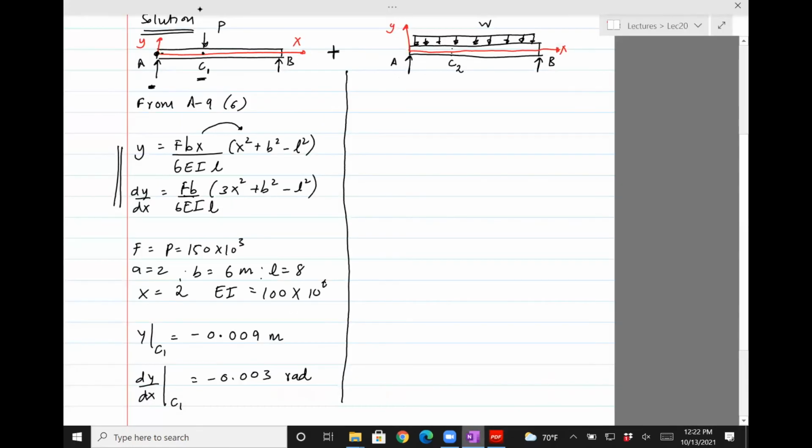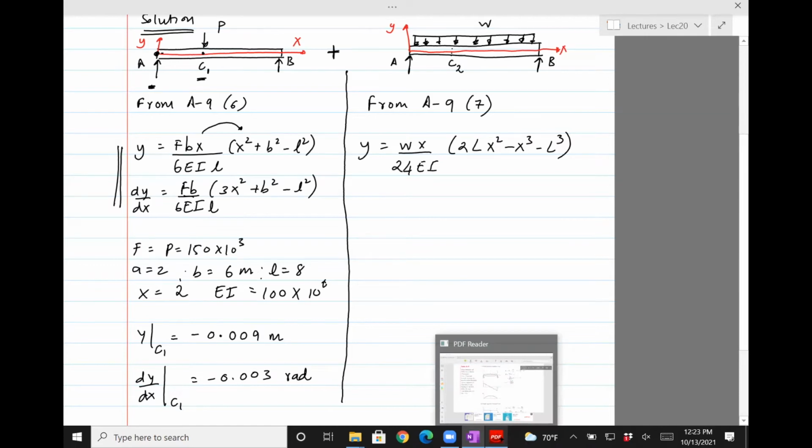So in this case, Y equals W times X divided by 24 EI, times 2L X squared minus X cubed minus L cubed.